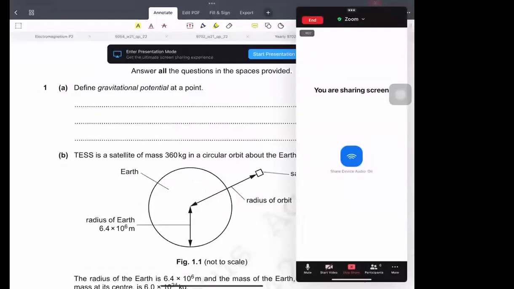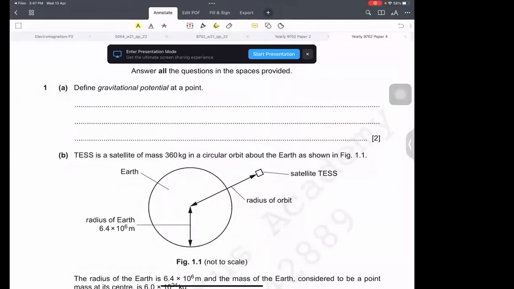Okay. So it says define gravitational potential at a point. Gravitational potential is basically work done per unit mass, first of all, right? That's 1 mark.